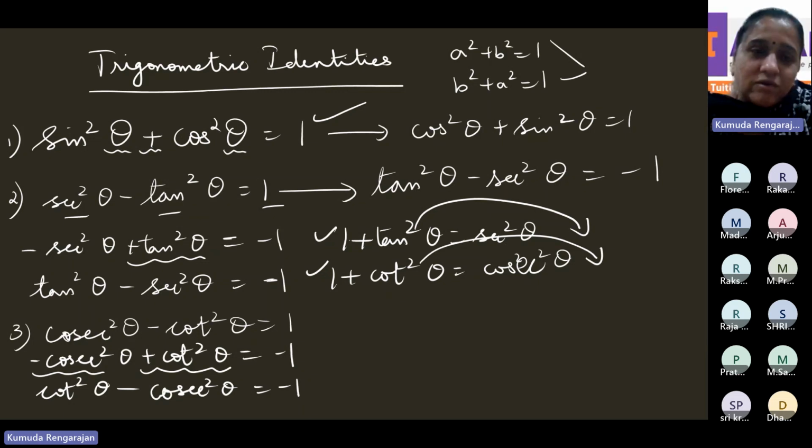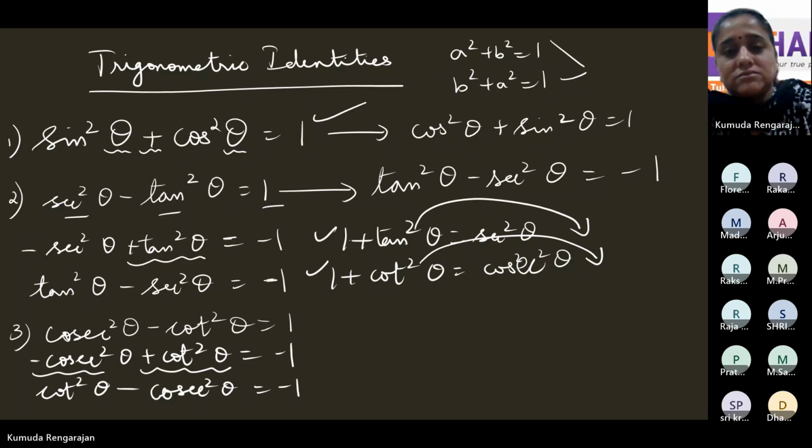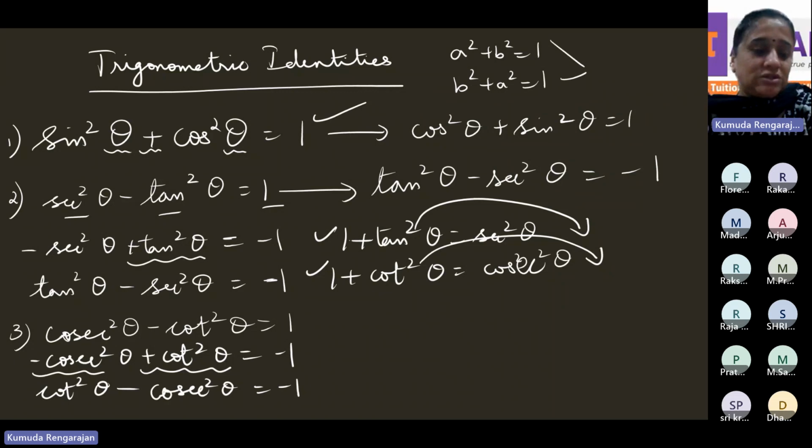In the same way here, these are the three basic trigonometric identities. We're going to use these identities or their interpretations, as these identities can be interpreted in different ways. So we're going to use these three trigonometric identities to prove many other trigonometric identities. That's what we're going to see in today's session.